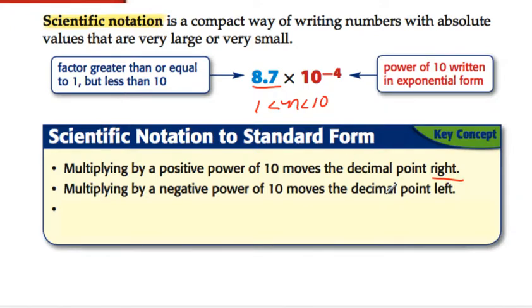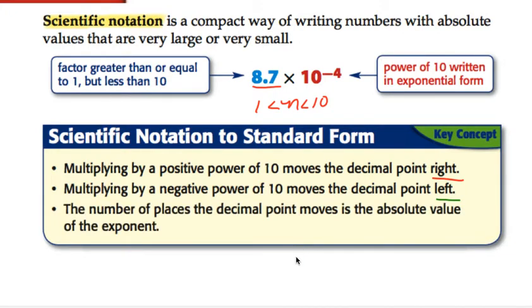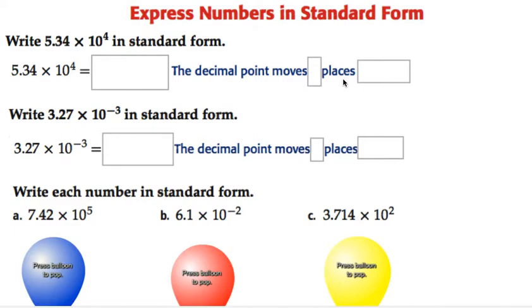So those are rules you're going to need to remember: moves it to the right when it's positive, to the left when it's negative. And our third rule is the number of places that it moves is just whatever the exponent is. You can ignore whether it's positive or negative. That number tells you how many places. So in this case, it's negative. That tells us it's going to go left. How far left? 4 places. Okay? So let's take a look at how we do this.